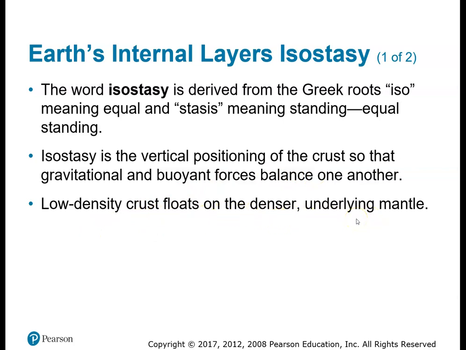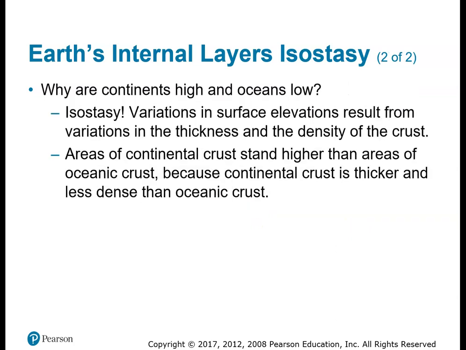That's the point. So why are the continents so high and the ocean so low? This equilibrium: you have variations of the surface elevation that result from variations in the thickness of the crust.